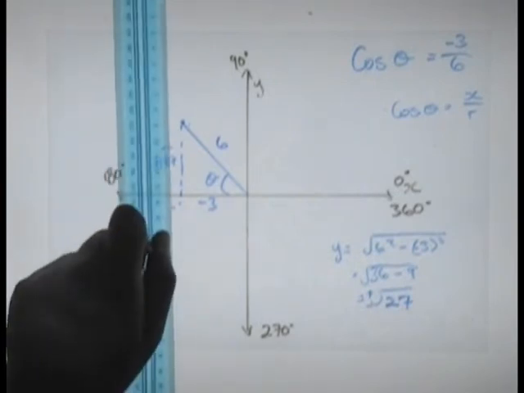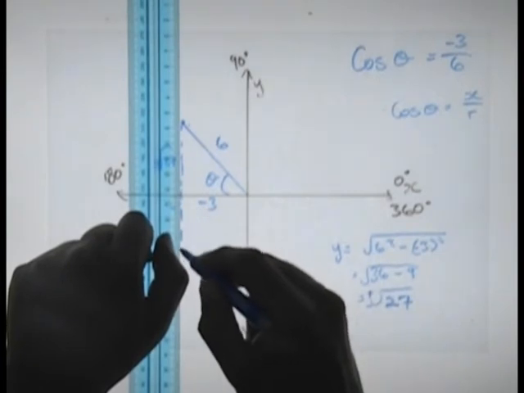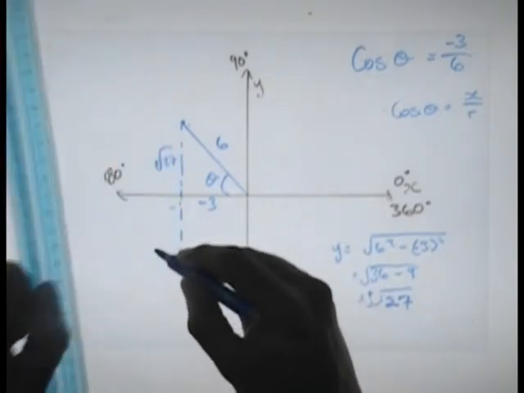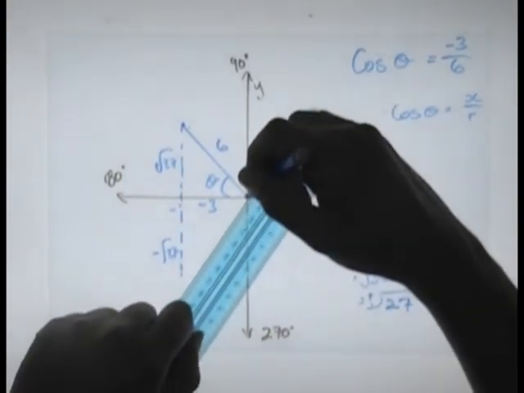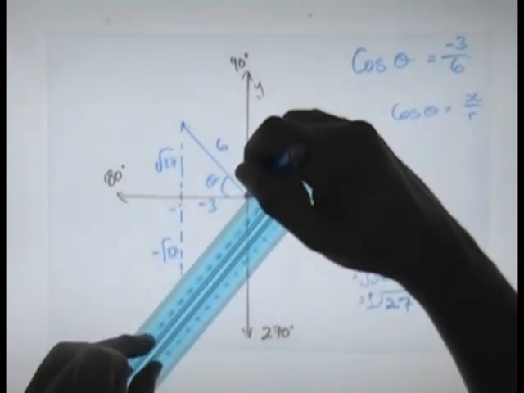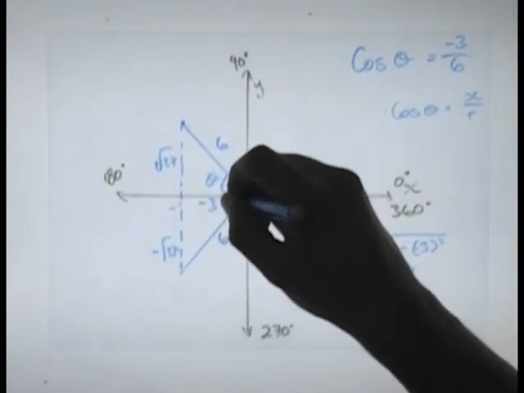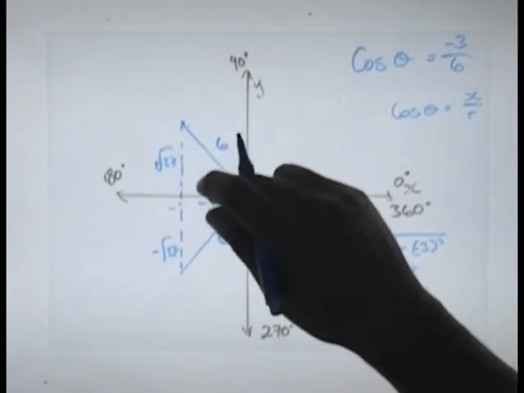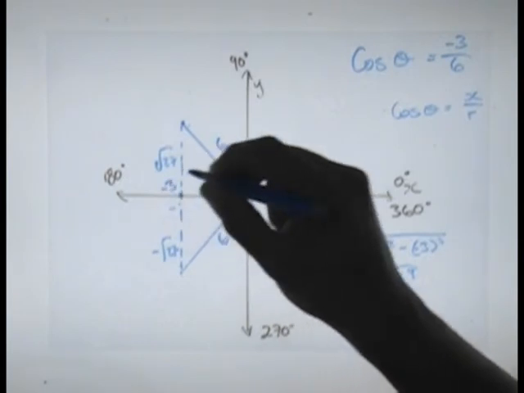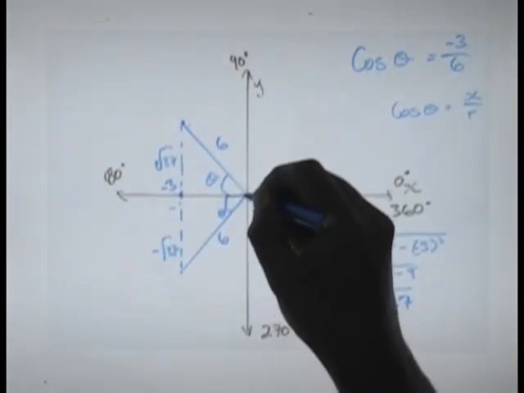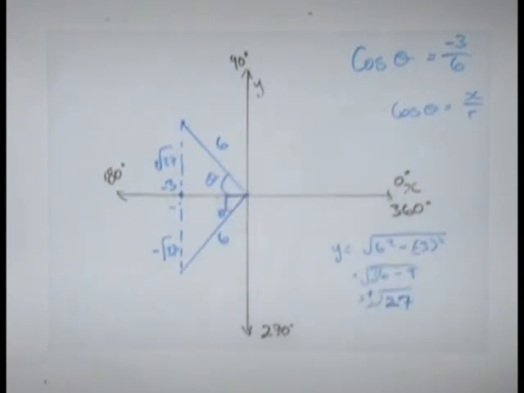Is that true? Yes, it is, because this here could also be negative root 27, which means that theta could also be over here, again with an r value of 6. Both of them have an x value of negative 3. So theta could be either that one over there or that one over there.